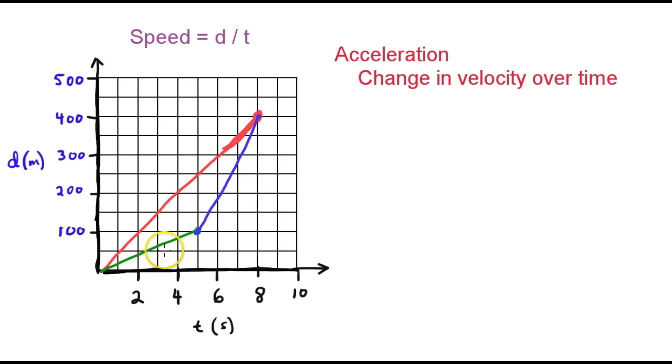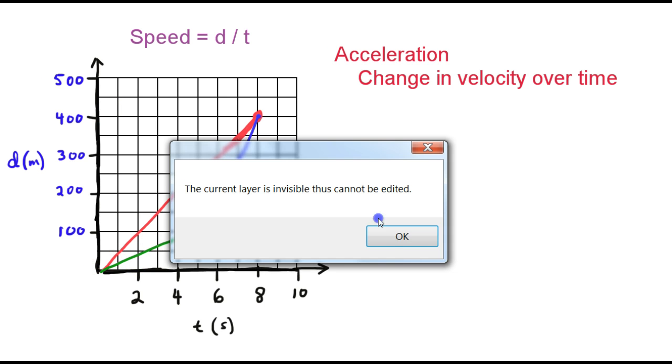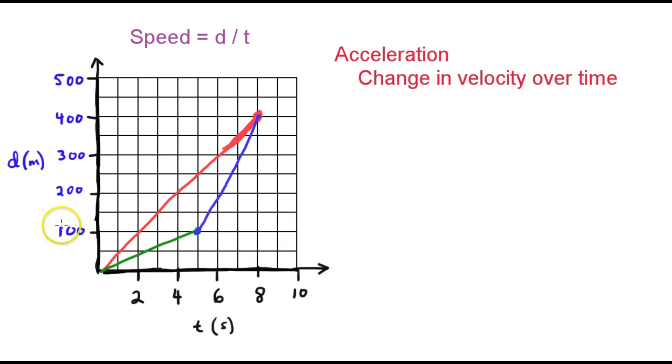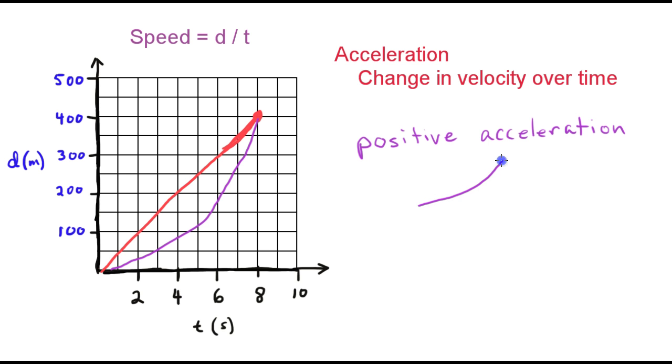If you get a line that kind of curves this way, a curved line that's going up, that's a sign that it is a positive acceleration. Positive acceleration means it's going to be kind of a curve like that.